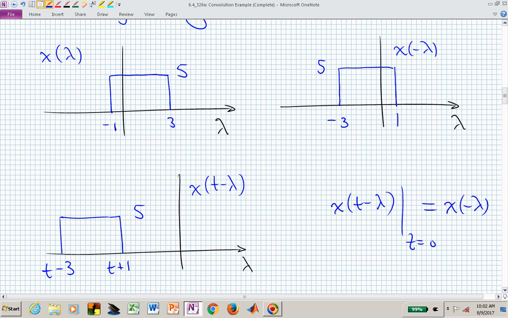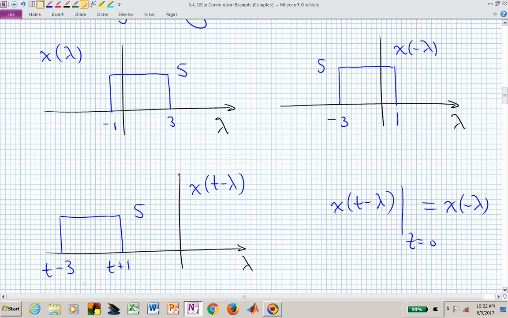So if you plug in t equal to 0 into these locations, then this function will slide over, and the 1 will actually be on the right-hand side of the lambda axis, and the minus 3 will be where we want it, and voila, we do have x of minus lambda. That's how you can start to check your work as you're working through these convolution problems.